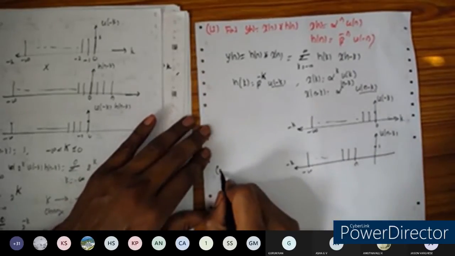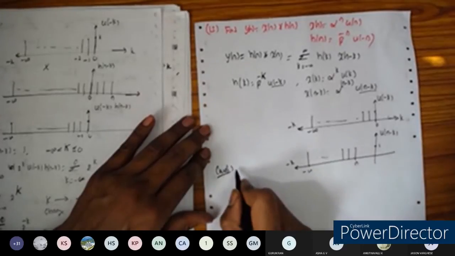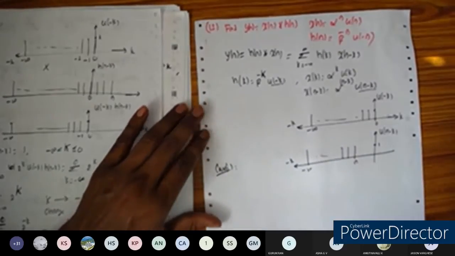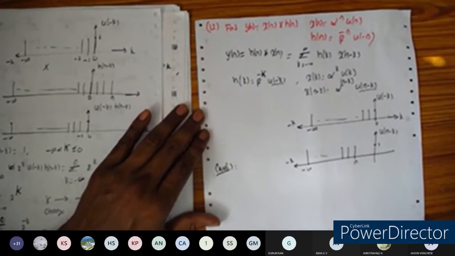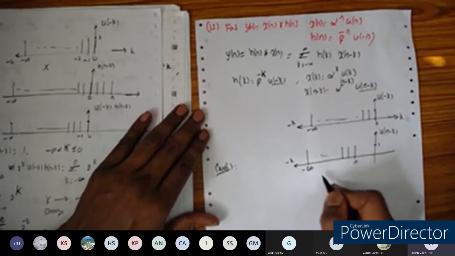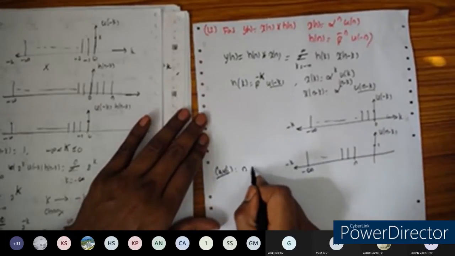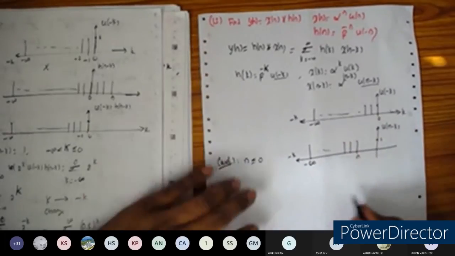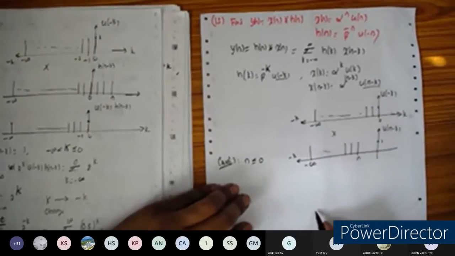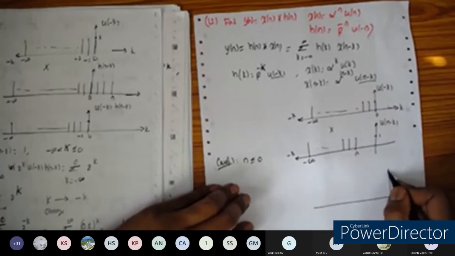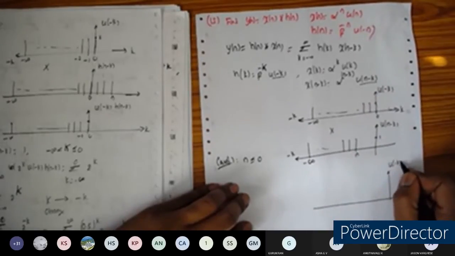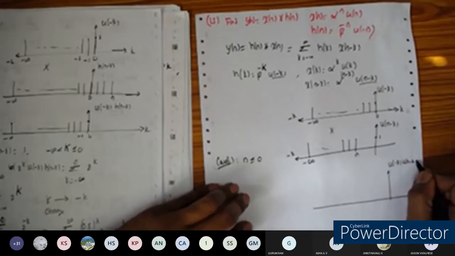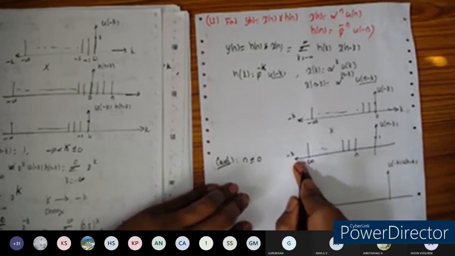Case 1. Can anybody tell me what is case 1? N less than or equal to 0. Yeah, very good. So when n is less than or equal to 0, when you take the product of u of minus k into u of n minus k, this is going to exist from n to the minus infinity.